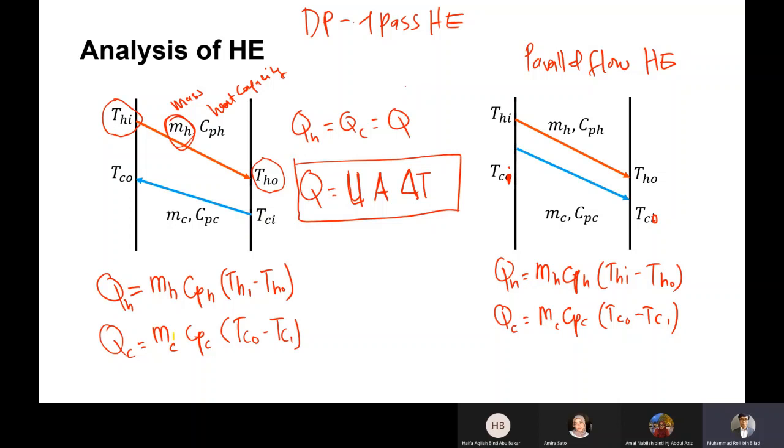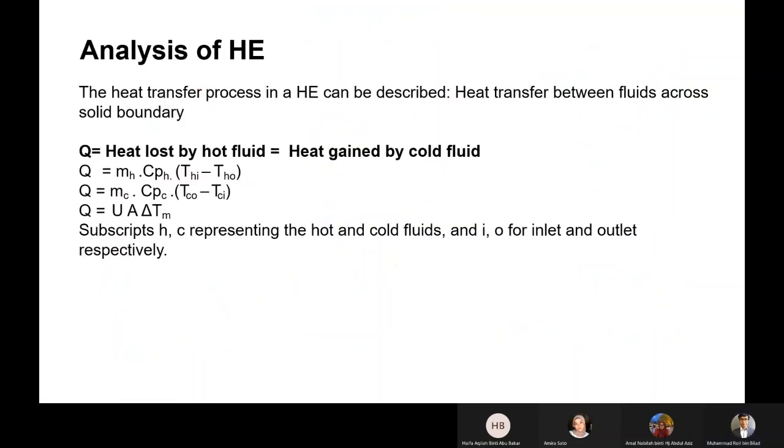How about delta T? Which delta T? Because delta T at this point is different than delta T at this point, different than delta T at this point, different than delta T at this point. That's the big question. So how can we find the most ideal delta T that can be used in this calculation?